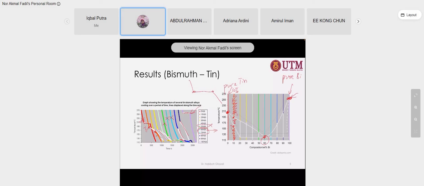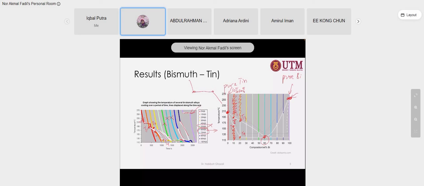And similarly for 20% bismuth, this is liquid. This is the beginning of solid formation. Where is it? This point, T3, and this is T4.